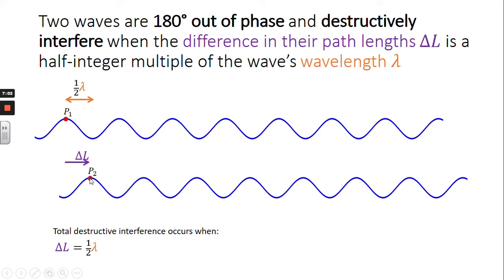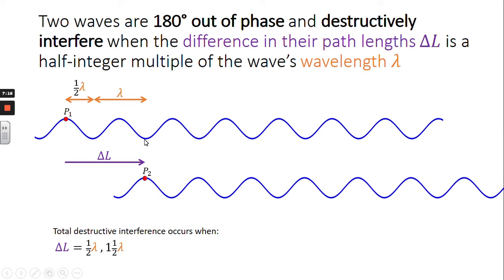Now, when is the next point where P2 would destructively interfere? Think about that for a second. At which next point will P2 destructively interfere? Well, now it's got to slide a whole wavelength over here so that it can line up with the next. So the crest of point 2 could line up with the trough of the top wave. So we are now 1.5 wavelengths away from point 1 to get another point of out of phase destructive interference.